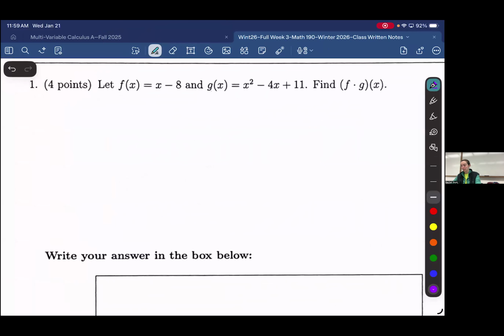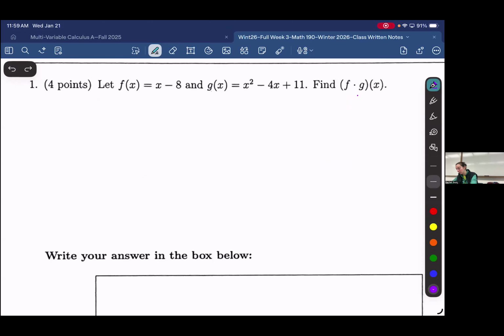Question 1. We have let f of x equal x minus 8 and g of x is equal to x squared minus 4x plus 11. We want to find f times g of x. This is not an open circle. If it was an open circle, we're dealing with what's known as composition of functions. This is just an operation.